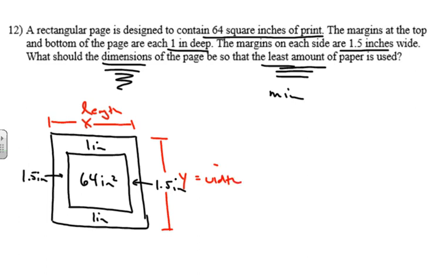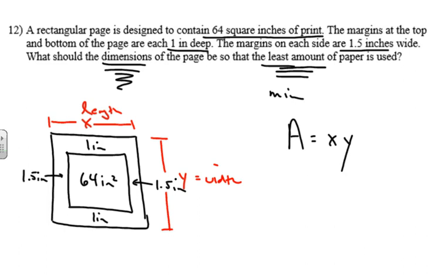Now to figure this out, we need the equation that will help us satisfy this problem. In order to find the least amount of paper being used, we're going to figure out an area. The area of this page is going to equal x times y.